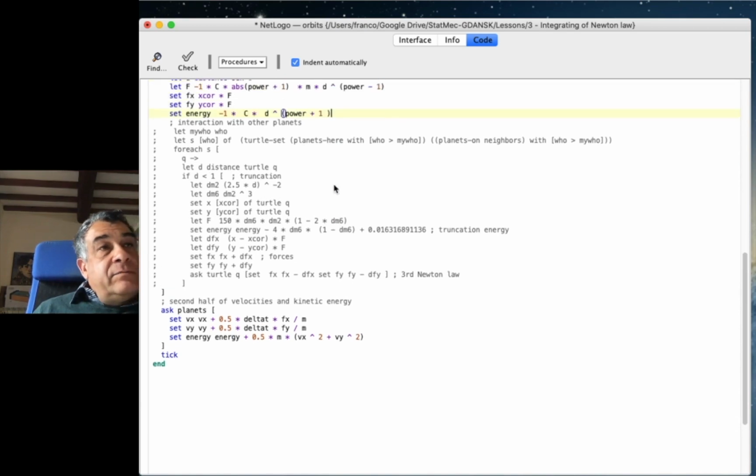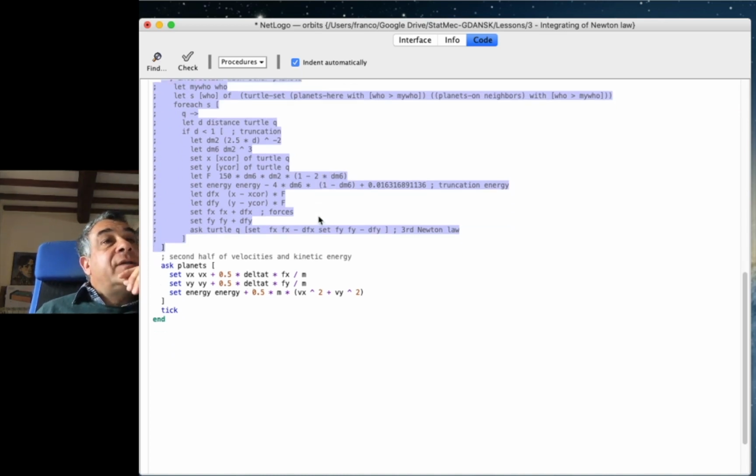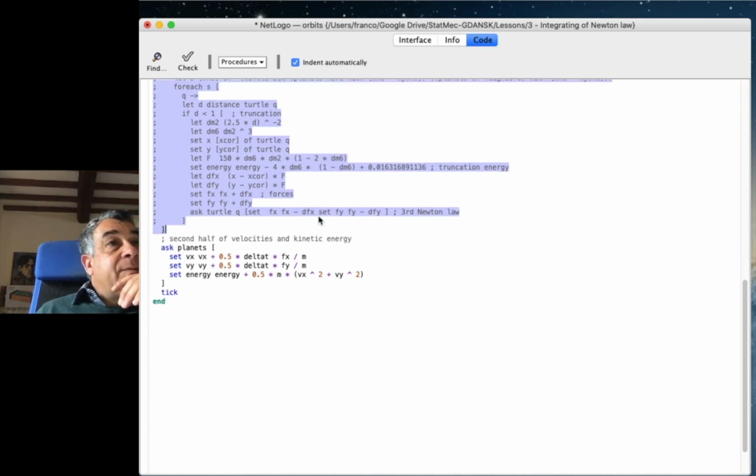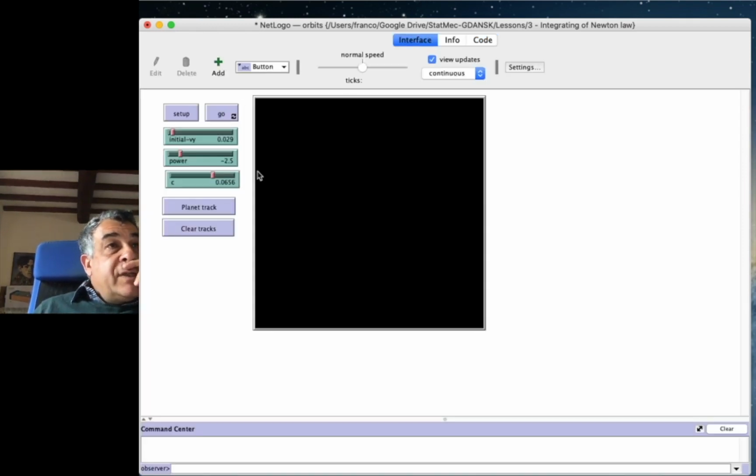And so you have also here the possibility of adding other planets, but I have not done it for this example. And then I increase the position, and finally compute all the energy, including also the kinetic energy. But we are not actually using the energy, just to check if everything is staying good.